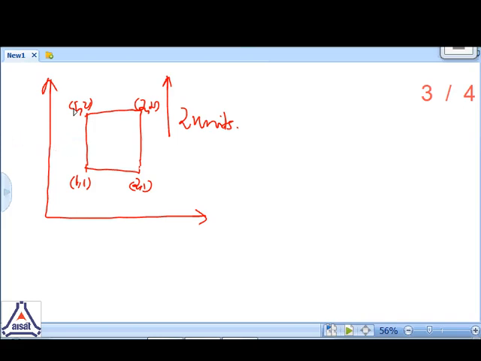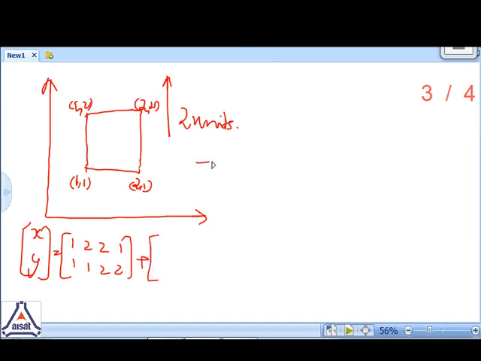So the initial matrix xy is 1, 1, 2, 1, 2, 2, 1, 2. I am going to add a translation matrix T, capital T. That means we are shifting this object in y direction, so we are adding 2 units to each y coordinate, and there is no change in the x coordinates.